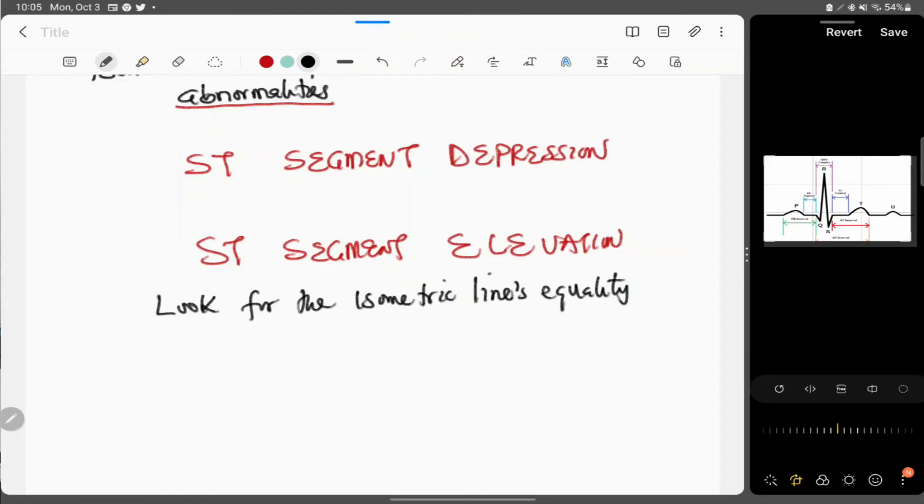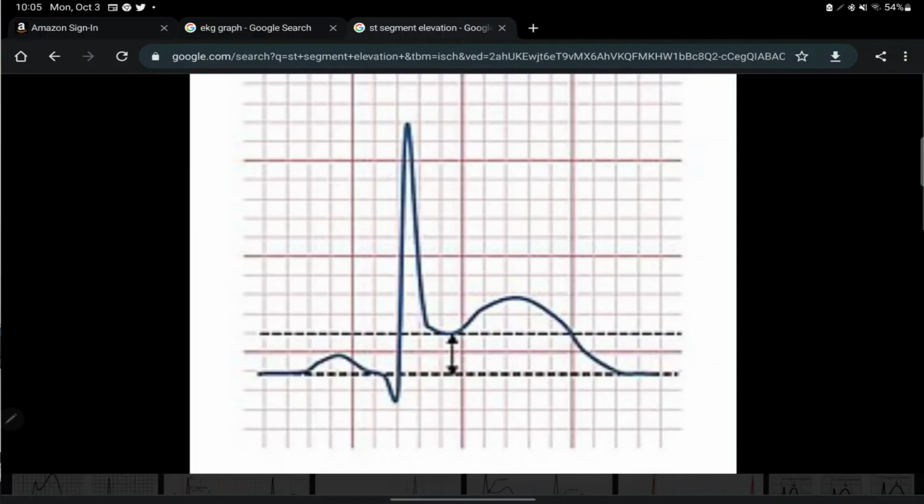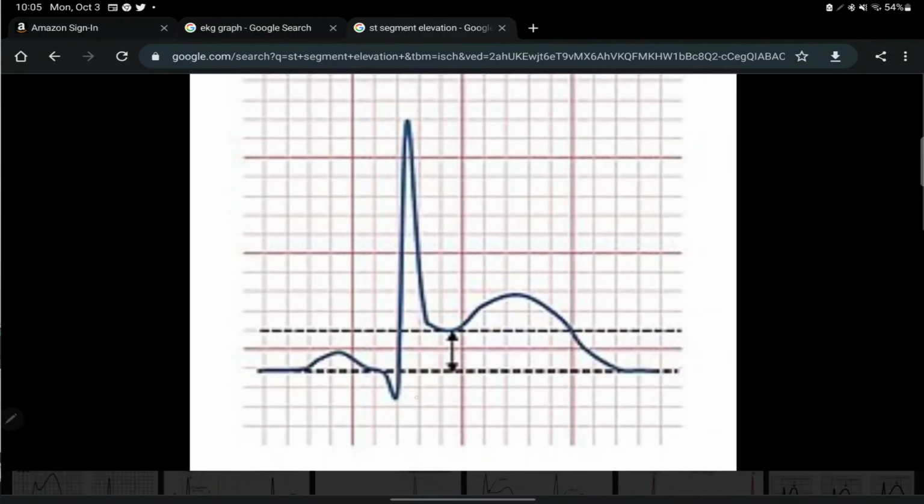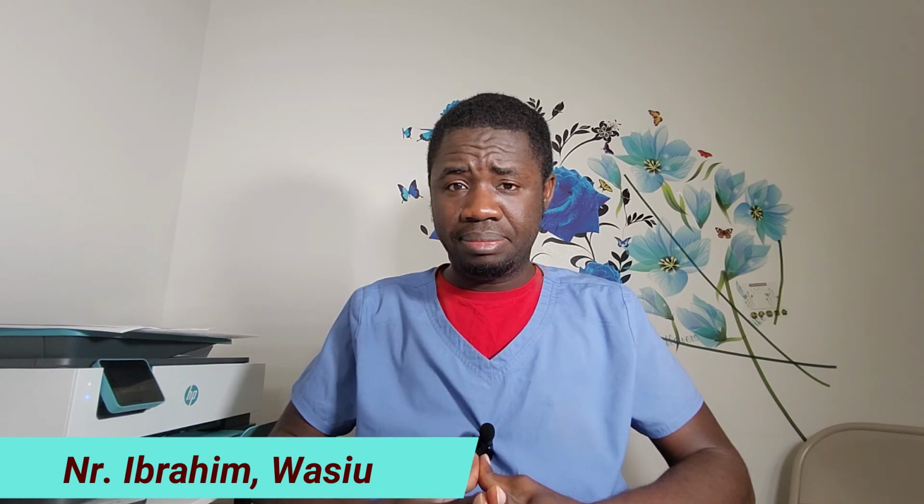When the ST segment is above the PR segment, or is above the isometric line before the QRS complex, that is ST elevation. And ST elevation indicates myocardial injury, which is an emergency.